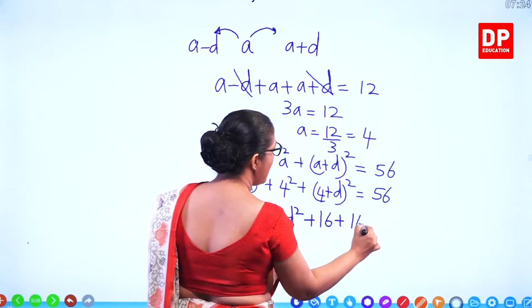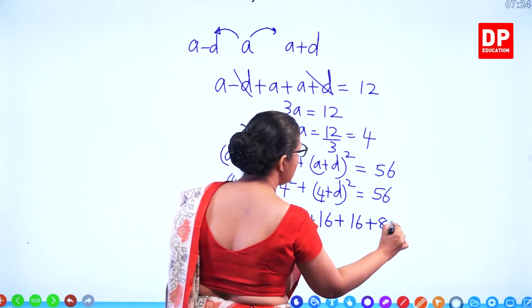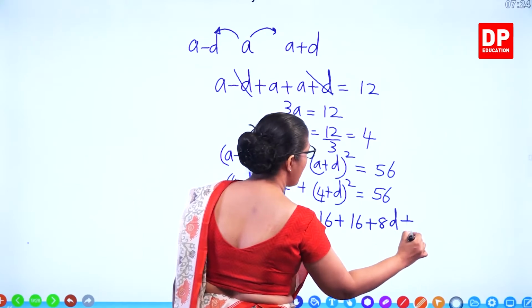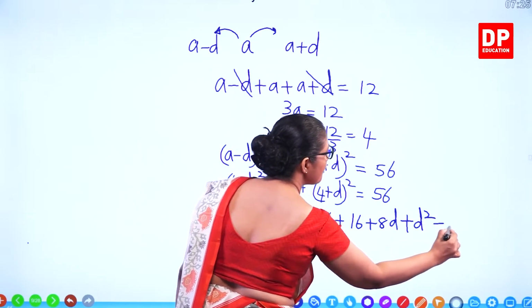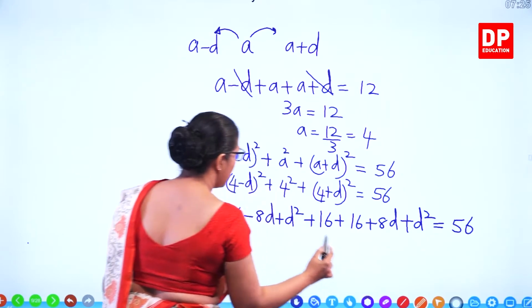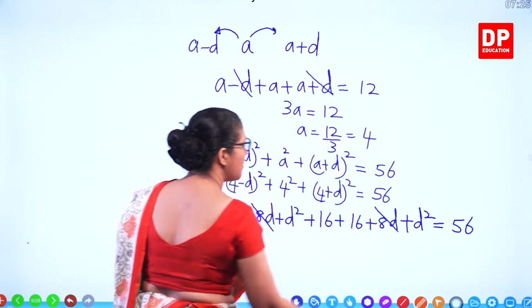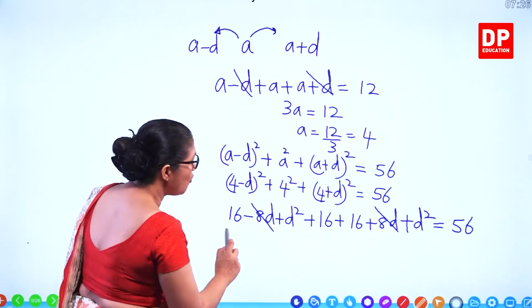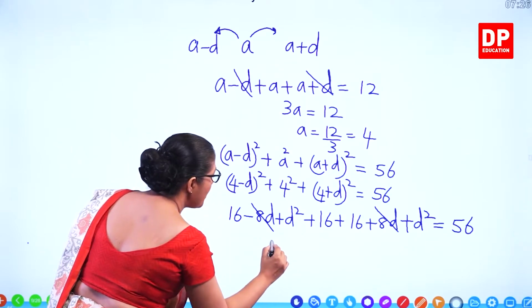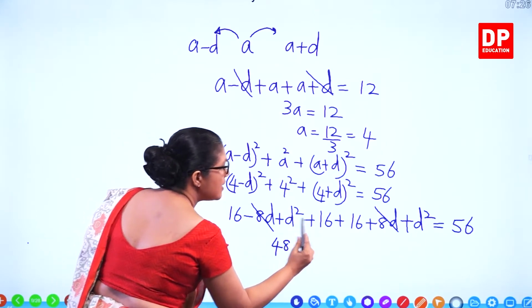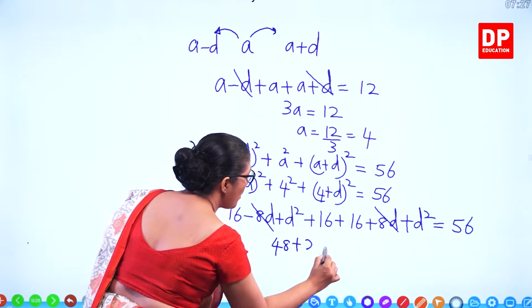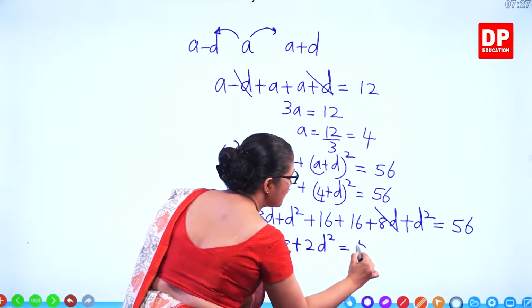Again 16 plus now 8d plus d squared is 56. Now can you see the middle term gets cancelled out? Now you get here 16 times 3, 48 and 2d squared is equal to 56.